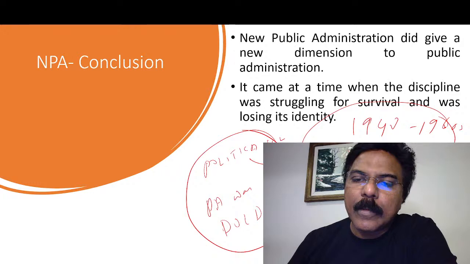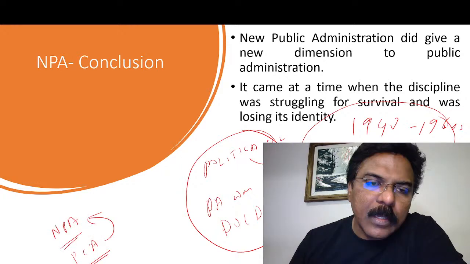There was nobody trying to build up on it. Whereas if you see this post-Weberian development of new public administration, actually, if you look at public choice approach, they consciously give credit to new public administration for giving them this approach. And new public management also takes its roots from new public administration.